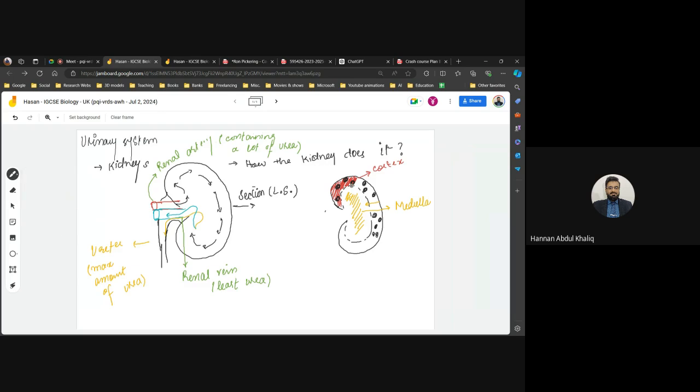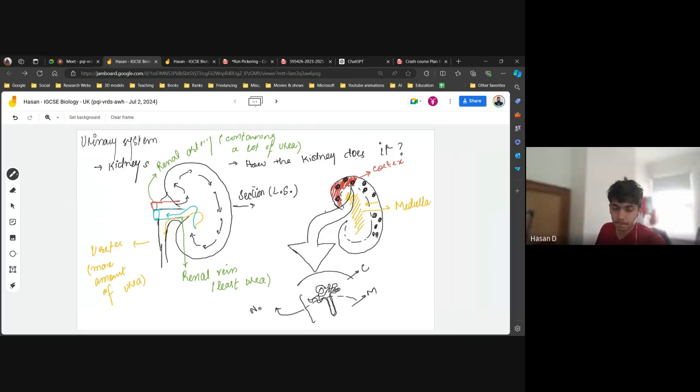When you magnify it, you come to know that this is the cortex and this is the medulla, and this circular thingy is basically the initial part of the main tissue of the kidney, and that main tissue is called what? I don't know. Nephron.